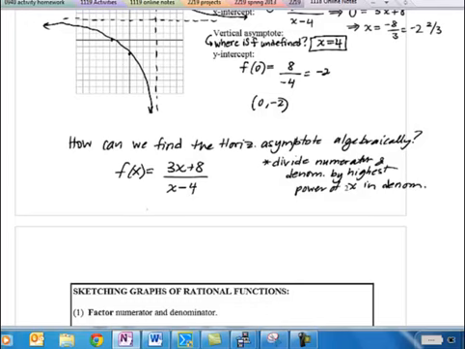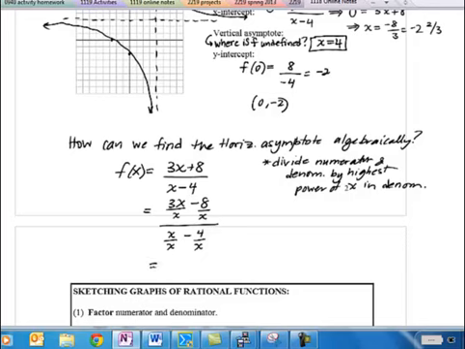So I'm going to rewrite this. It's going to look like a complex fraction, basically. We're going to have 3x minus 8, divide the whole numerator by x, and x minus 4, and then divide the whole denominator by x. So we've done the same thing to the numerator and the denominator. Officially, we just multiplied by 1, and we turned what was not a complex fraction into a complex fraction.